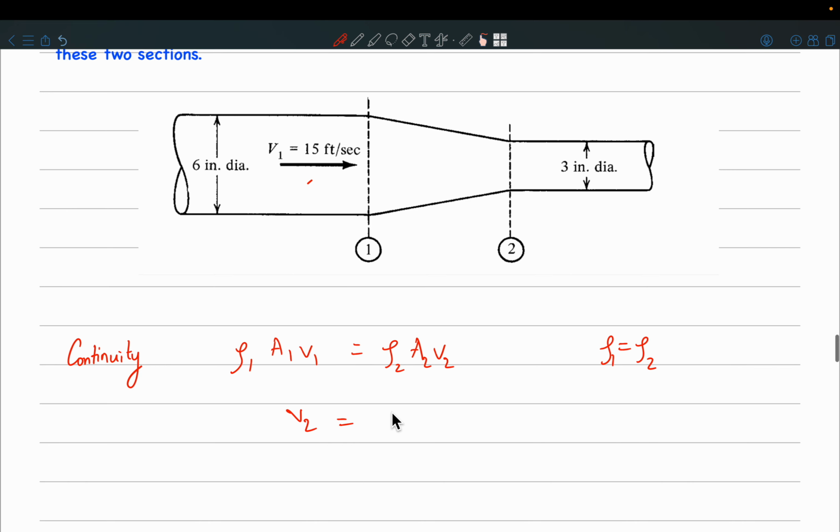V2 is A1 V1 by A2, which is nothing but the ratio of the diameters, which is 6 by 3, so it has to be a square into velocity V1. So what do you get? What is V2? Right, it's 60 feet per second.